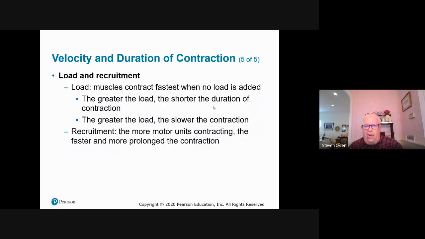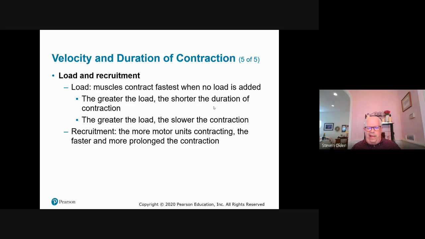Let's talk about load and recruitment. What is load? Load are the muscles that contract the fastest when no load is added. The greater the load, the shorter the duration of contraction. The greater the load, the slower the contraction.